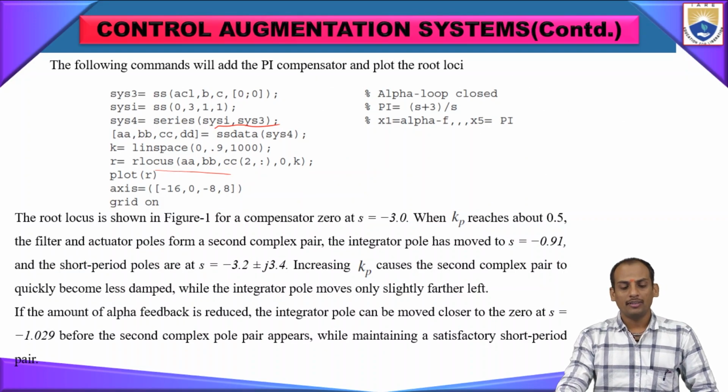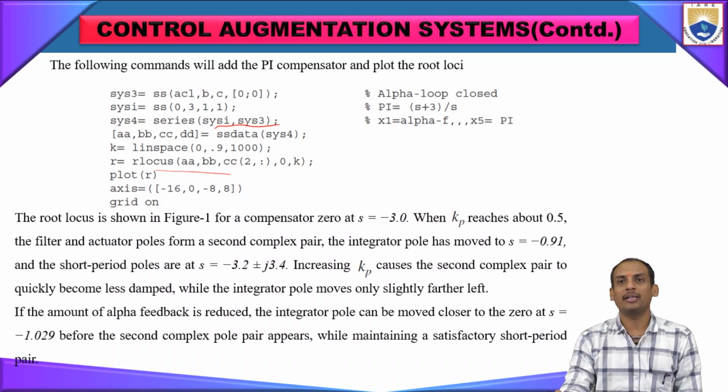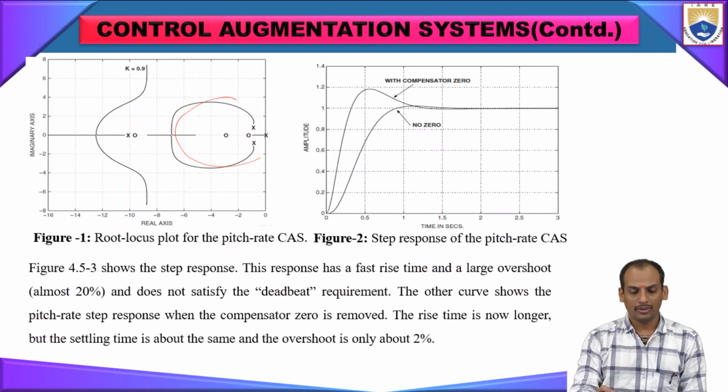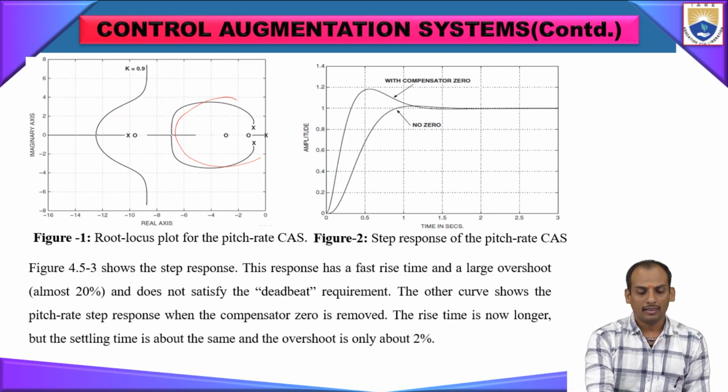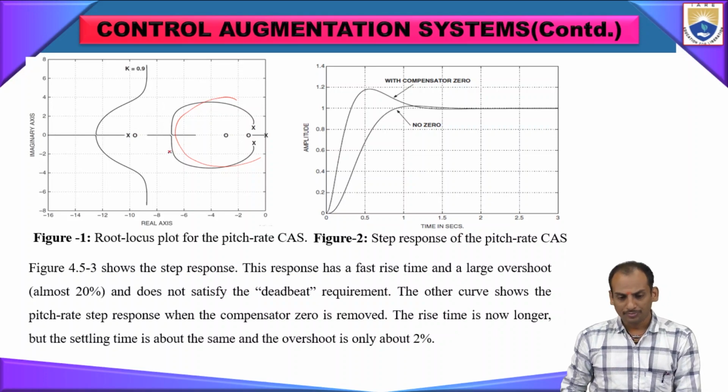When s equals minus 3, then Kp reaches about minus 0.5.